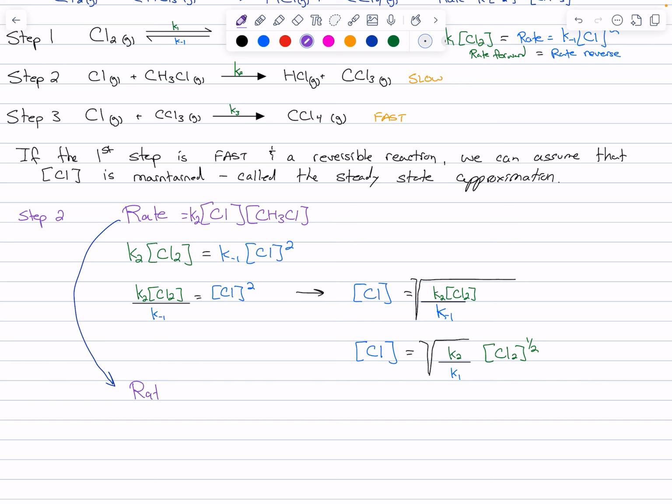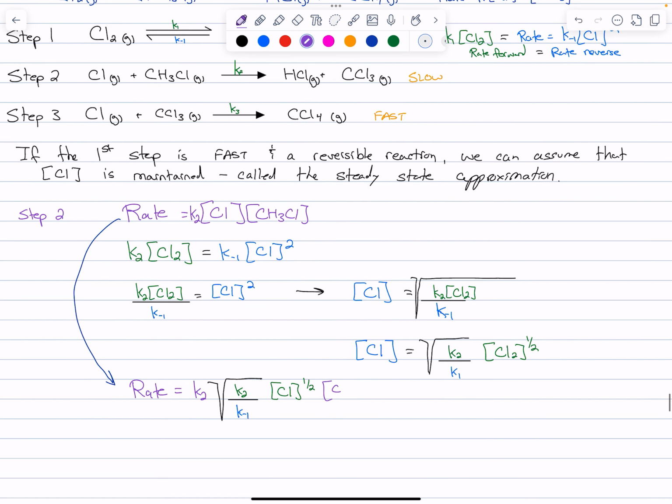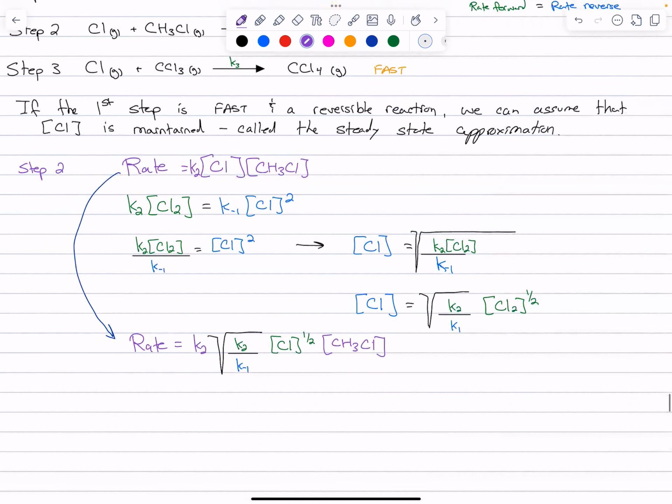Rate equals K2 times the square root of K1 over K negative 1, times the concentration of Cl2 to the 1/2, and we still have CH3Cl.